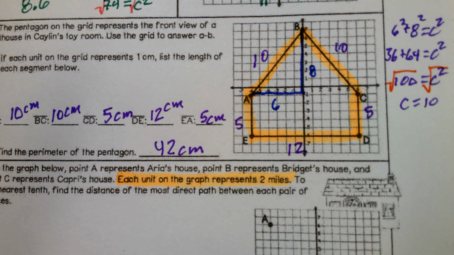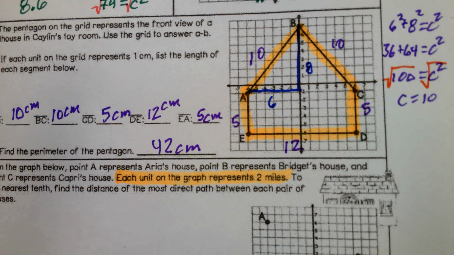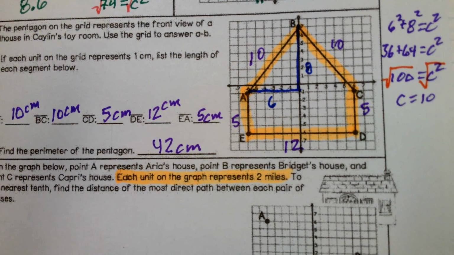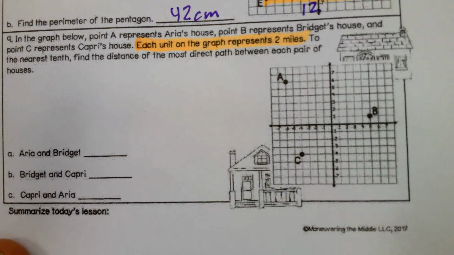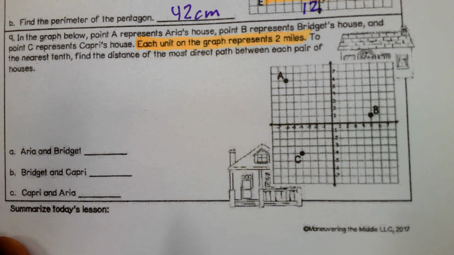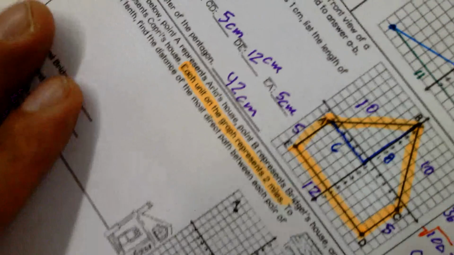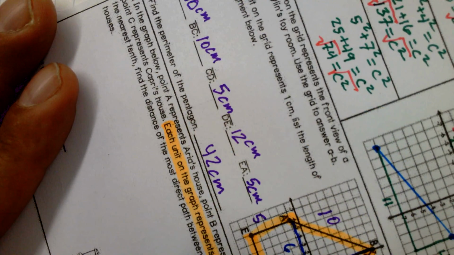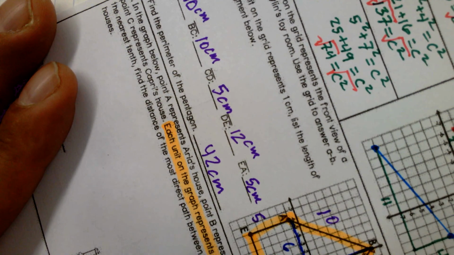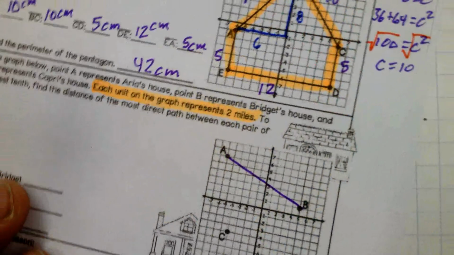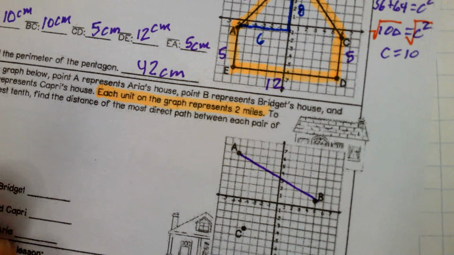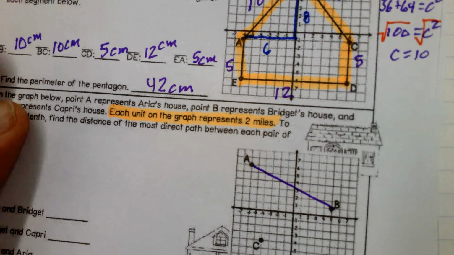To the nearest tenth, find the distance of the most direct path between each pair of houses. Okay, so we want to go from Aria to Bridget's house. So that would be A to B. So let's make a right triangle for that.